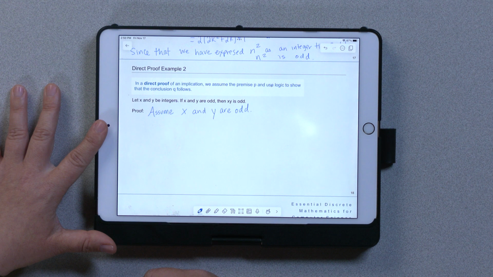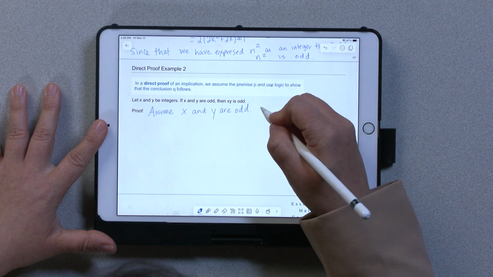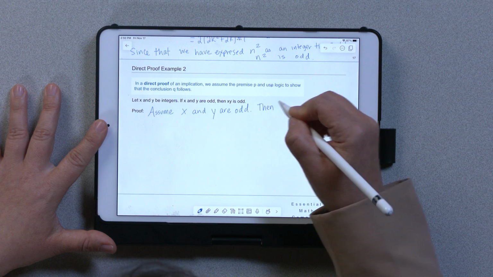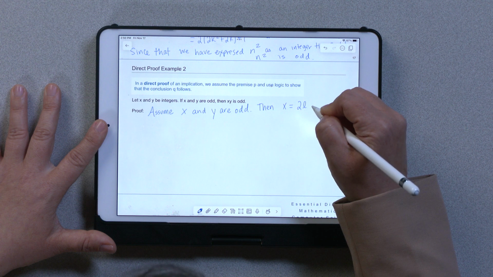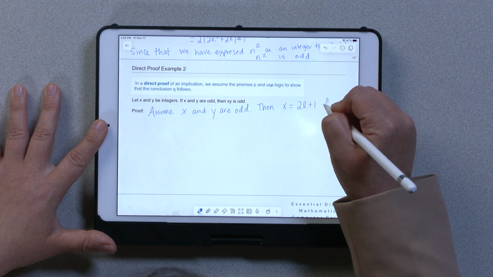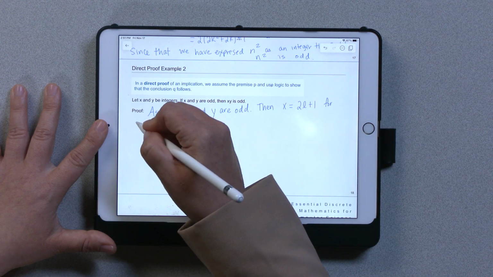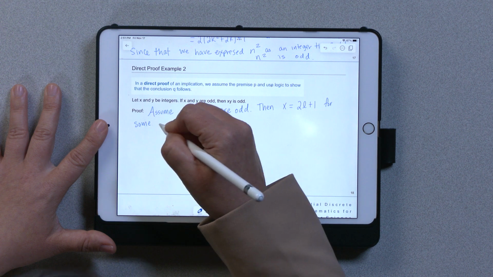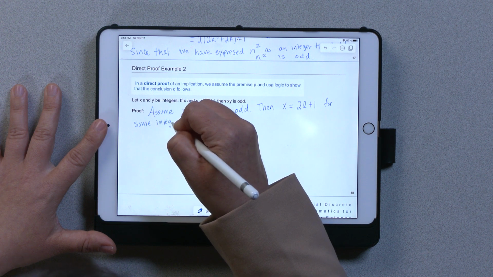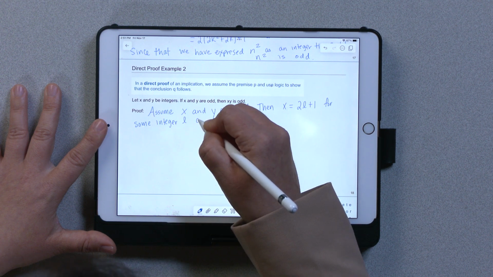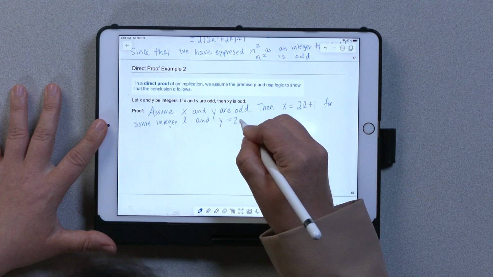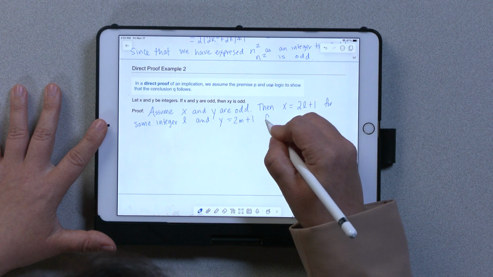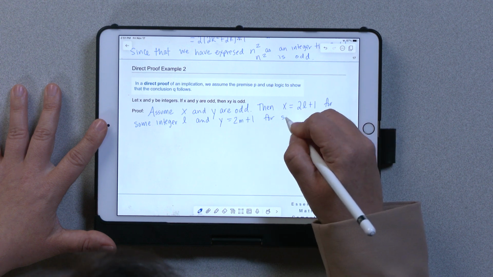So let's start with some inferences now. If x and y are odd, then x can be written as 2l plus 1 for some integer l. And y can be expressed as 2m plus 1 for some integer m.